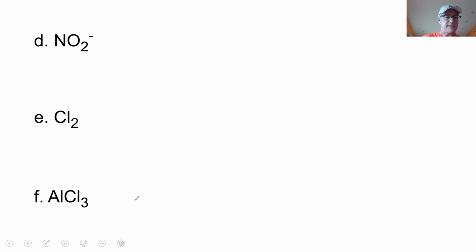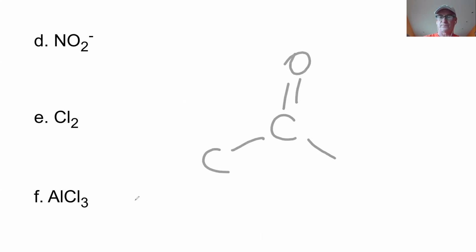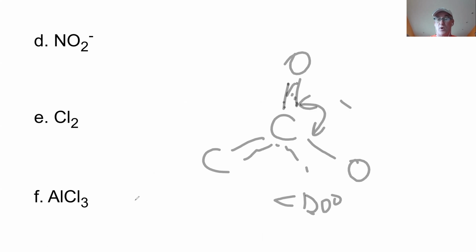It depends on the angle. So for instance, the last one we just looked at. Because we have a double bond here, this angle is going to be less than 120. On the other hand, this angle is going to be more. And this angle is going to be more.